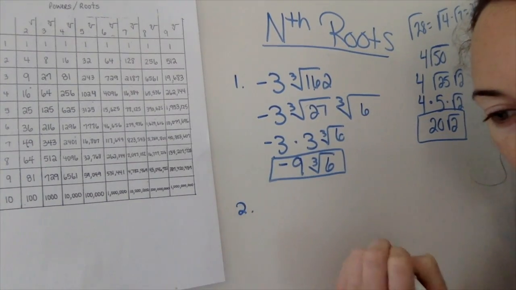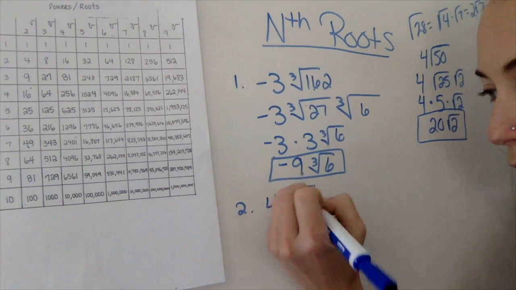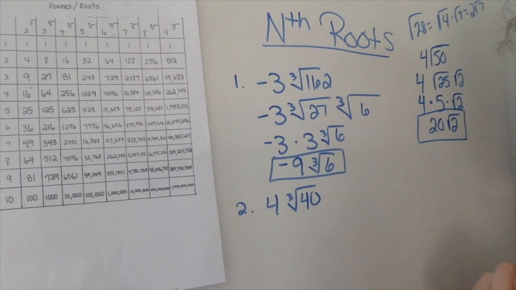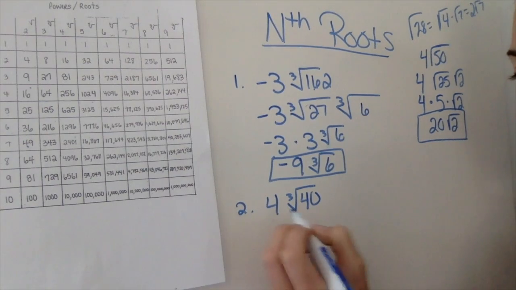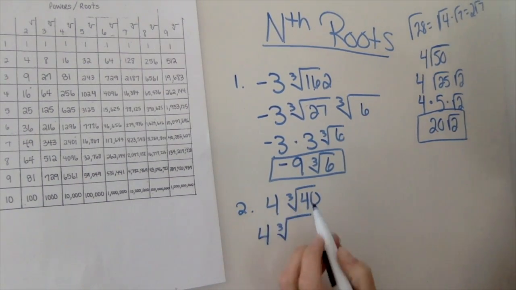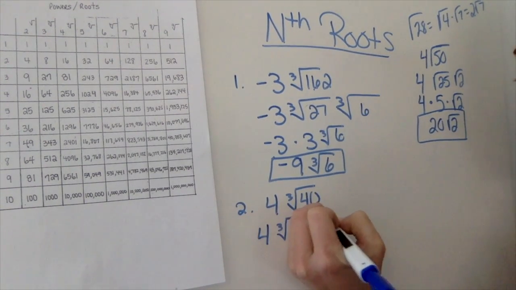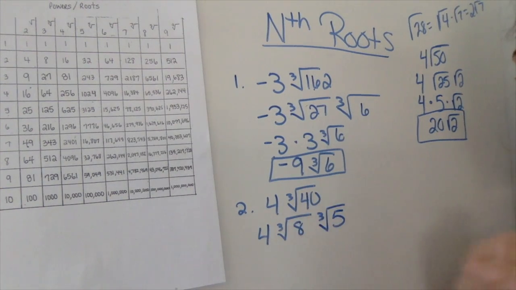Okay, let's try another one together. We'll do 4 on the outside, cube root of 40. So 4 times, break this down, the biggest perfect cube that goes into 40 is 8 times 5.